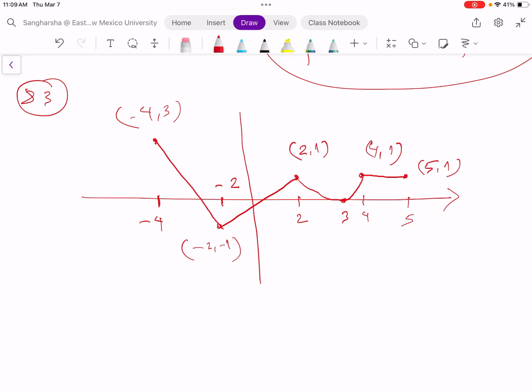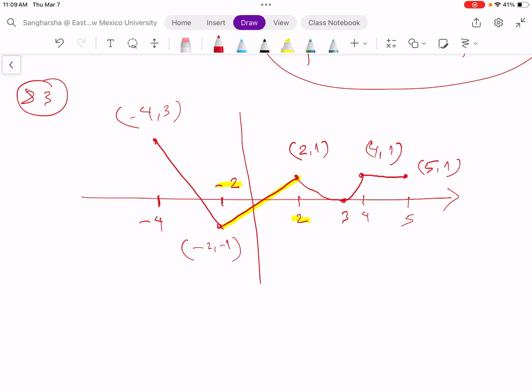Now, what is the interval where the function is increasing? Negative 2 to positive 2. That's right. This portion of the graph is rising, which means the function is increasing. So the corresponding x values from negative 2 to positive 2 are an interval where the function is increasing.